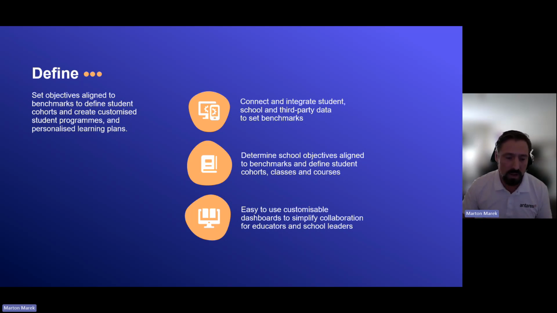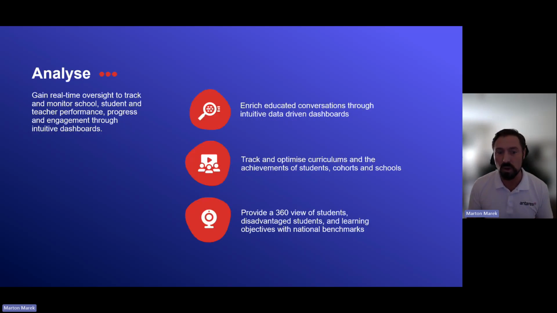So once you've done that, you can then begin to actually have better conversations, right? One of the examples here is a correlation report, which I'll show you a little bit later, where we've essentially correlated NAPLAN, PAT, A2E data, so subject result data, with attendance. And what that does is it allows a curriculum advisor or a teacher, or anyone that wants to look at this information, to identify outliers in students, right?